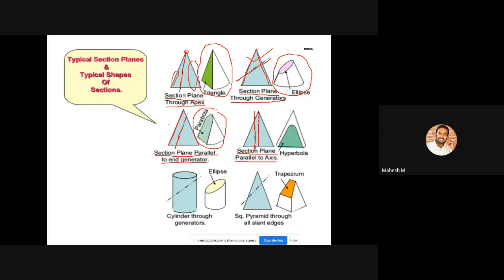For example, in our third condition, they will say it is parallel at 10 mm, so you'll be having a distance of 10 mm. You have to create this distance with a 10 mm gap. Similar to that, here also you'll be having some more conditions, like it is parallel to the axis with a distance of 5 mm. So you have to create this distance with the help of 5 mm. Then your 3D diagram will look like a hyperbola.